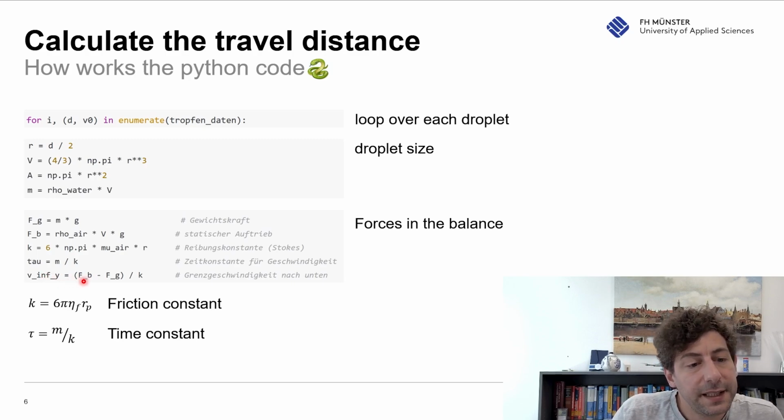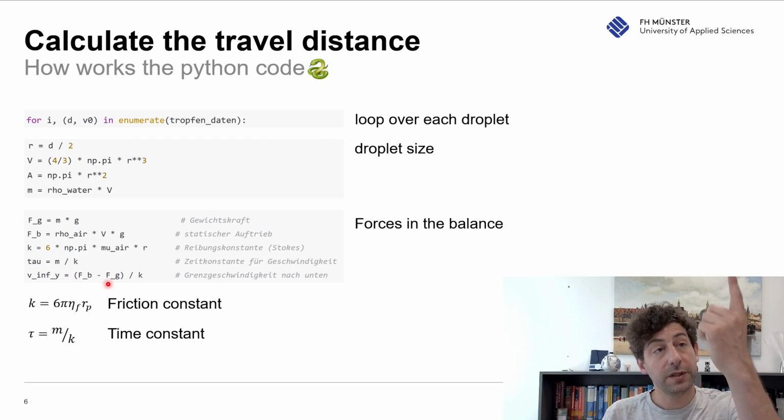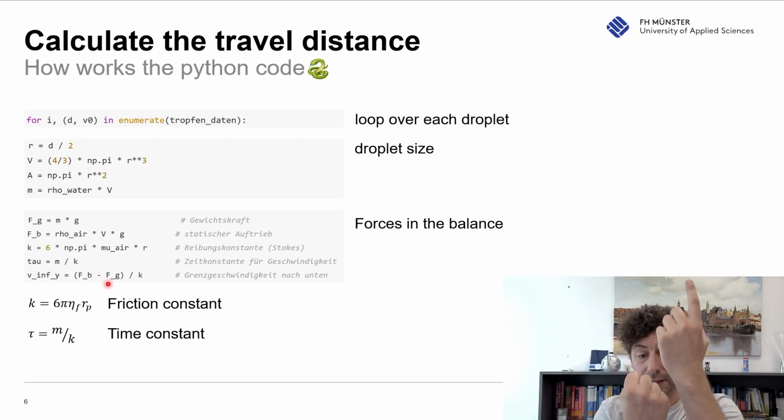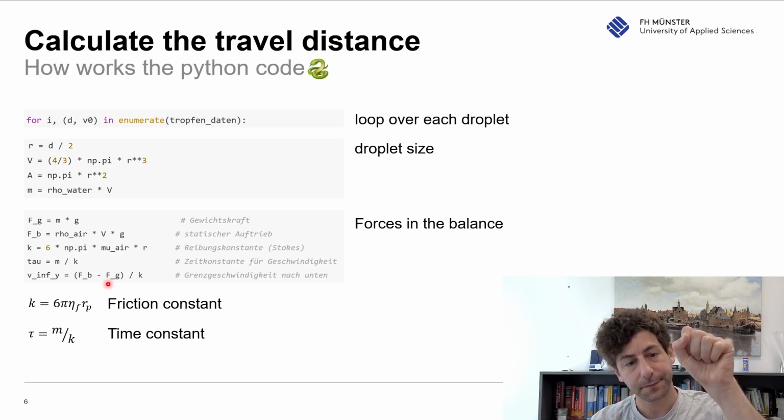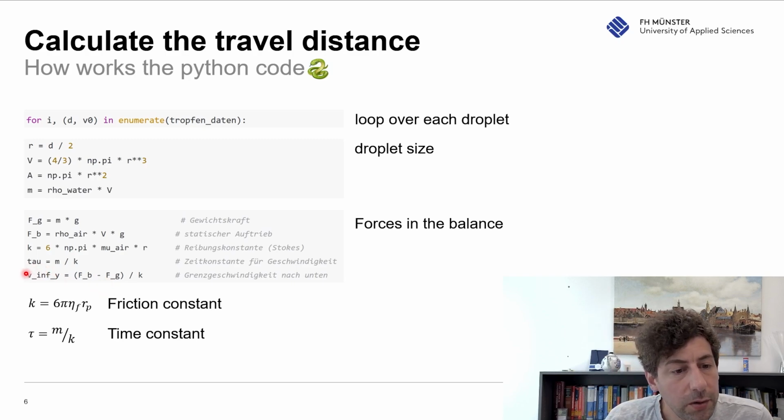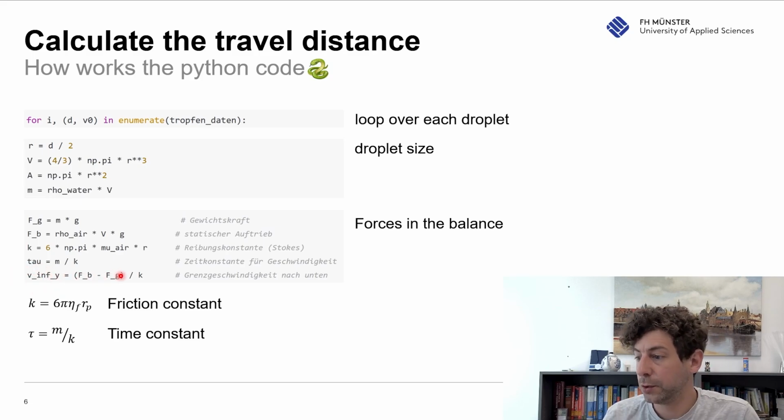And this is basically buoyancy minus gravity, right? The gravity accelerates downwards, the buoyancy again, and then we also have the drag force. If I want to have a velocity, I have the drag force equals the buoyancy minus gravity. You can see this from the previous video.